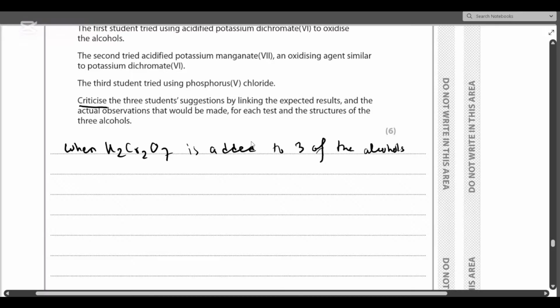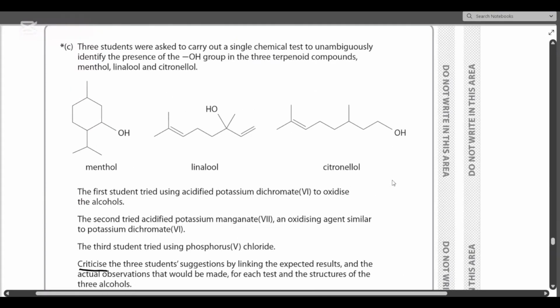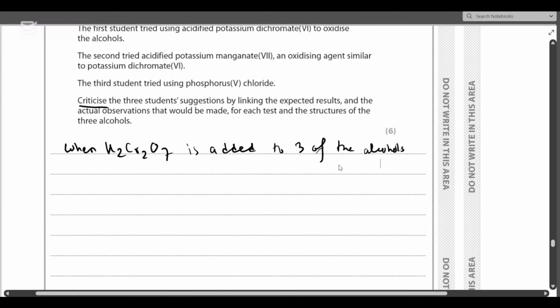The only reason is that menthol and citronellol are not tertiary alcohols. One is a secondary alcohol while the other is a primary alcohol. But linalool is a tertiary alcohol, so it is not going to get oxidized by the oxidizing agent.